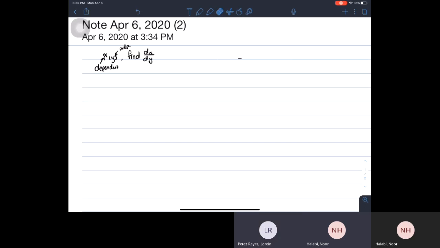So now this actually also affects our derivative, because look at the denominator. It's dy, right? Usually we have dy dx, but this time we have dx dy.